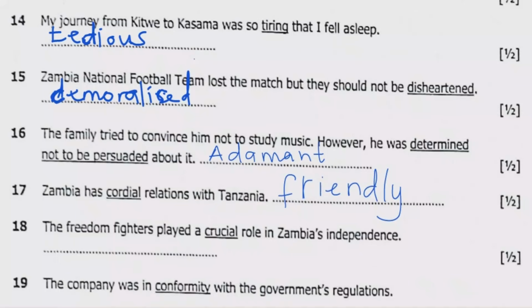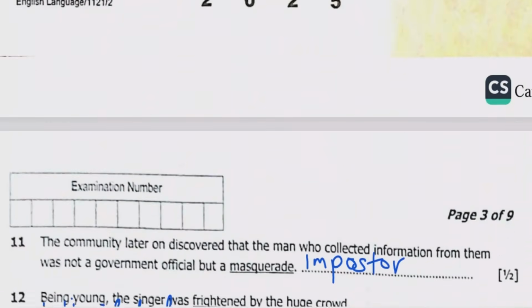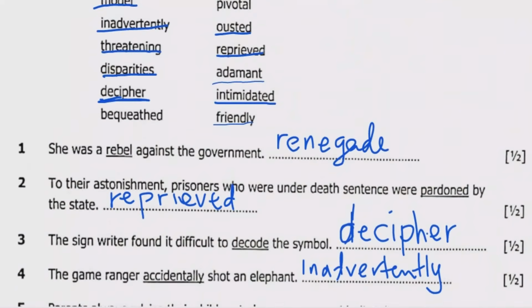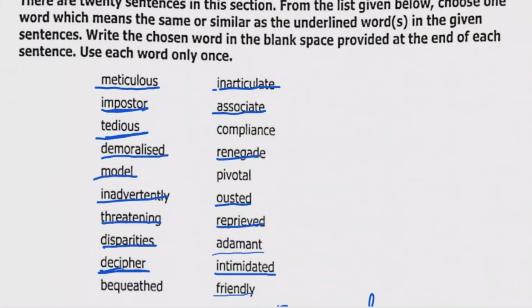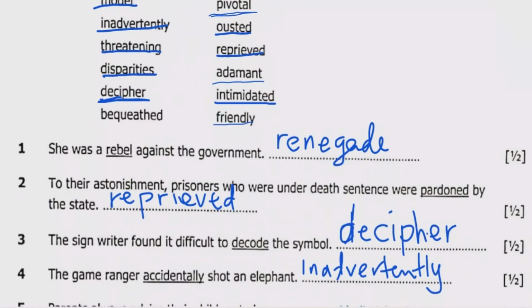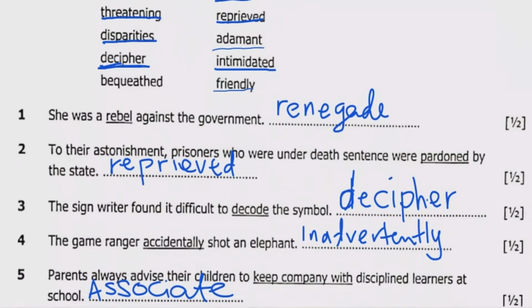So let's look for a word that means crucial, something important, among those words. We are remaining with a few words, but the word I've seen is pivotal. When you say, to be a doctor, sciences and mathematics are pivotal, that means they are very important.